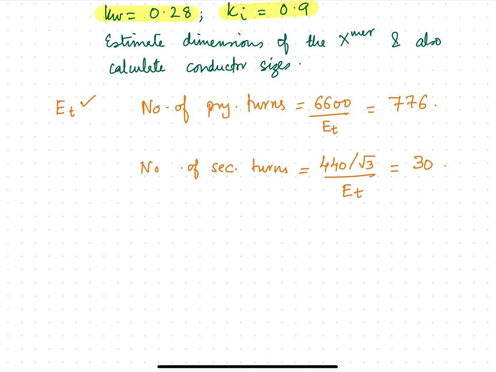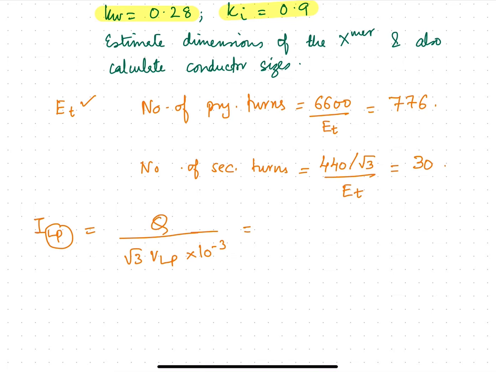Okay. Next, you will calculate the primary side current. And how do you calculate the primary line current? It is equal to Q divided by root 3 VLP into 10 to the power minus 3. We are interested in the line current here of the primary side.